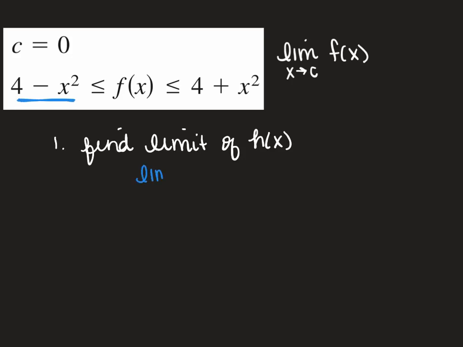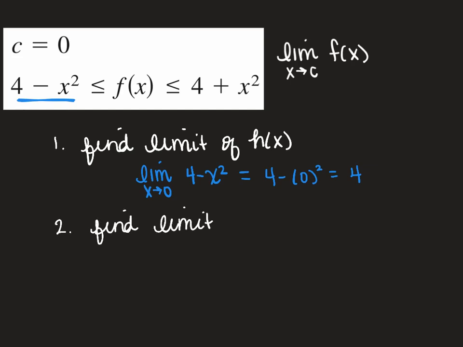So we're going to find the limit as x approaches 0 of 4 minus x squared. So using our new notation where we know that we can just plug in 0 analytically, and if it works, then it works. When I plug in 0, I have 4 minus 0 squared, and I get 4. Our second step is going to be to find the limit of g of x. g of x was our greatest function, so g greatest, which we highlighted in red.